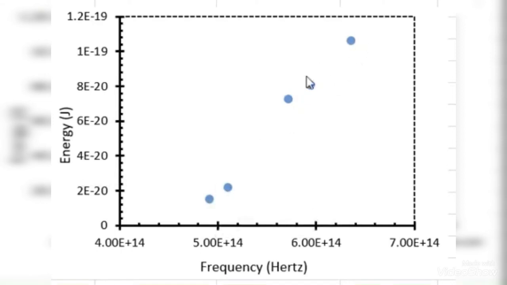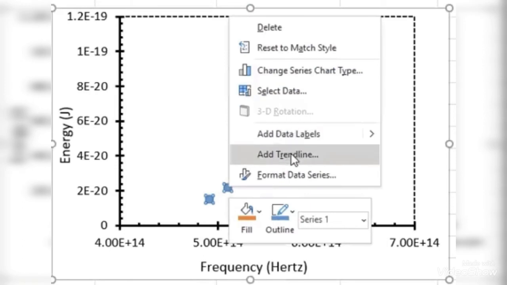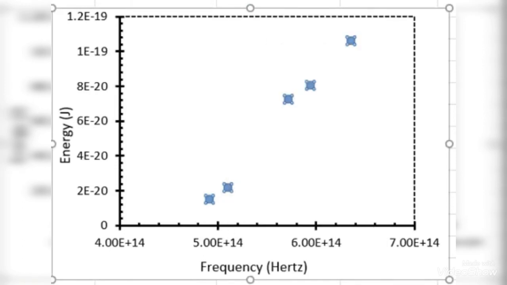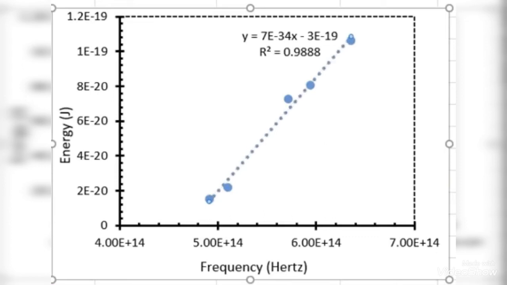To get the slope of this graph, we will use the add trend line option of Excel. We will add a linear trend line to our data, as you see here. Let me make that a little bit better.